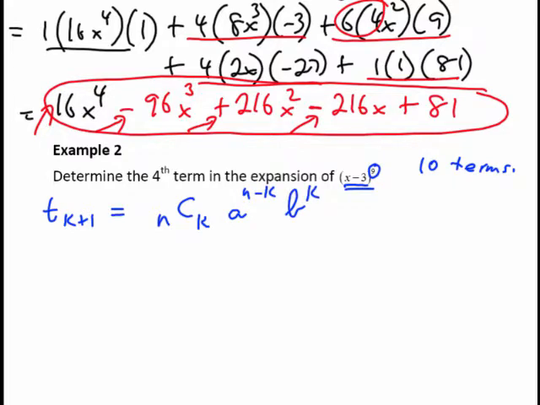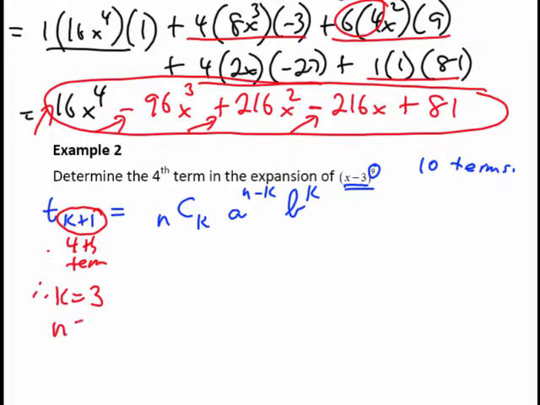I just remember this by these two match, and then this exponent is n minus this exponent. So there's my formula. Now we want the 4th term, and if we want this to be the 4th term, that therefore means that we're talking about k being 3.